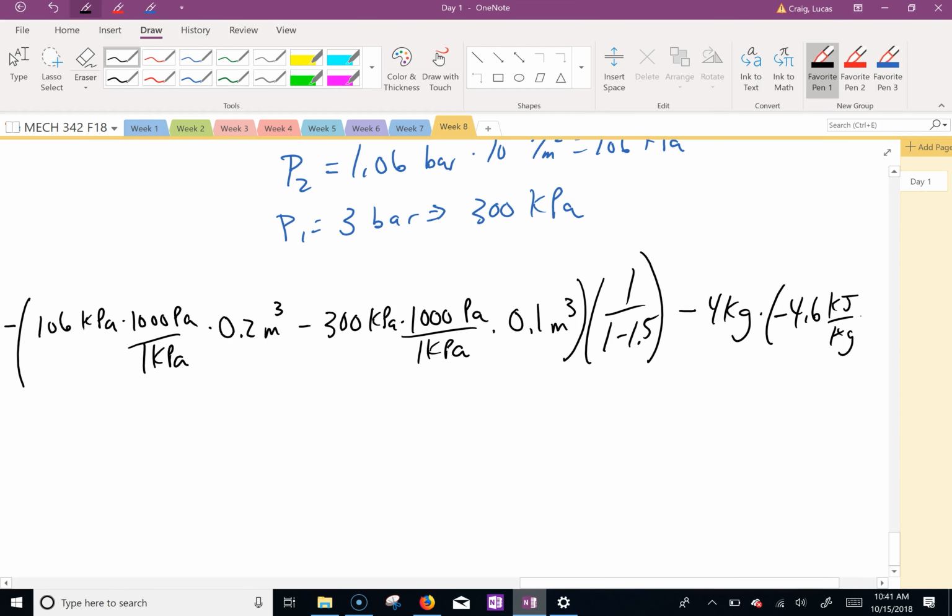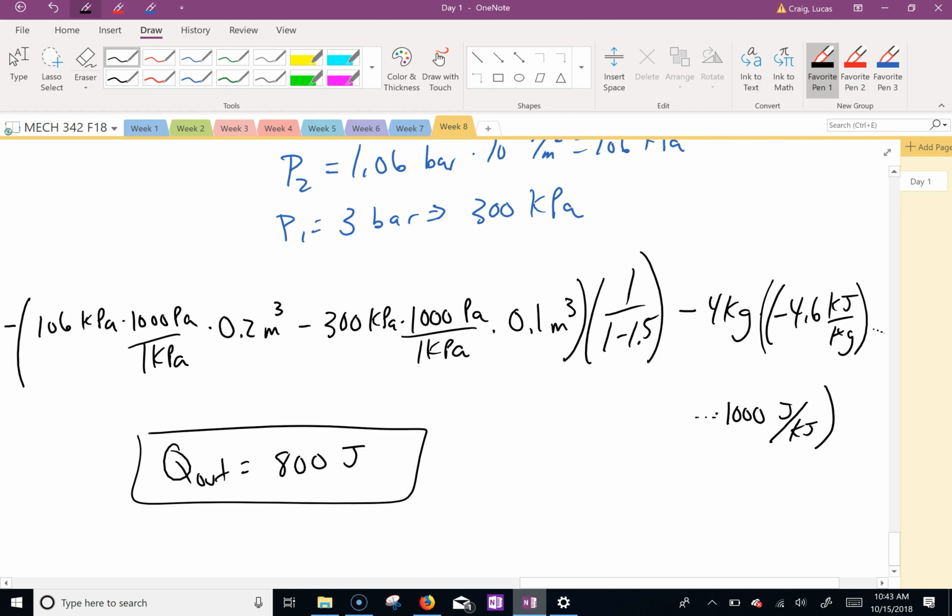And I'll write that down here, times 1,000 joules in 1 kilojoule. Make sure I got exactly what I had. You get 800 joules, or 0.8 kilojoules.